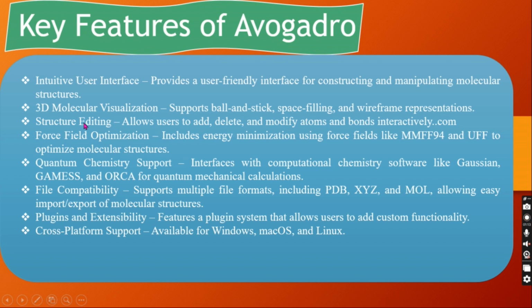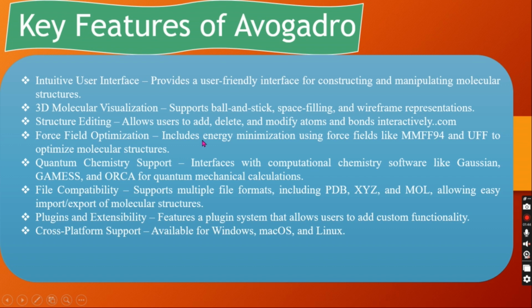Another key feature is structure editing, which allows users to add, delete, and modify atoms and bonds interactively. That means you can modify a molecule at any stage, its bond length, whatever you like to modify.